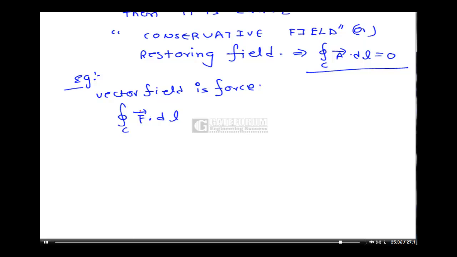So that is the physical meaning of a conservative field.